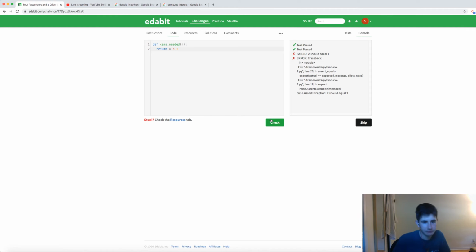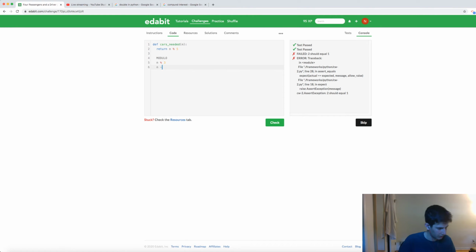Yeah, so this operator is called a modulo. I'll spell it out so you know how it's spelled. Modulo. It returns the remainder of anything. So if n equals 3, then n modulo 3 would be 0 because there's 0 remainder.